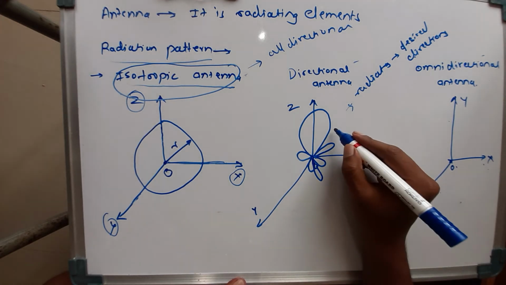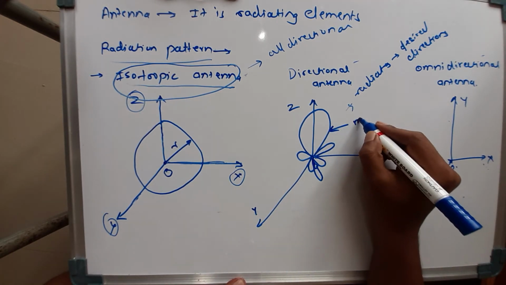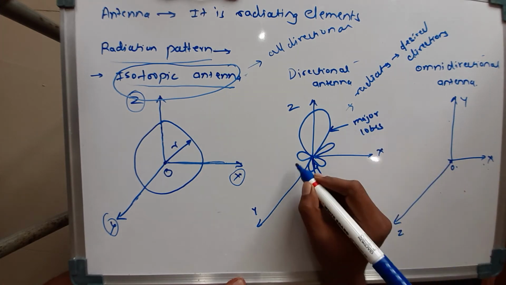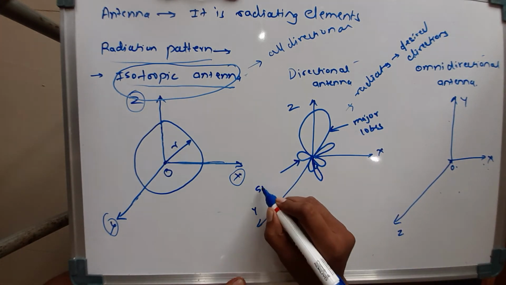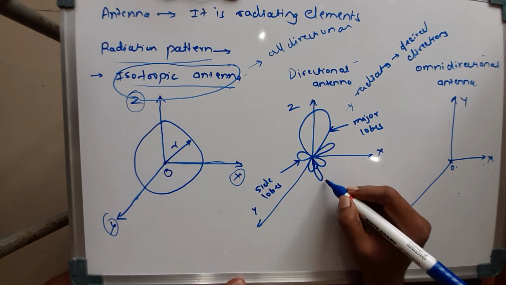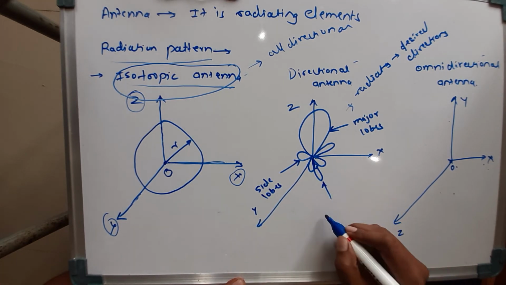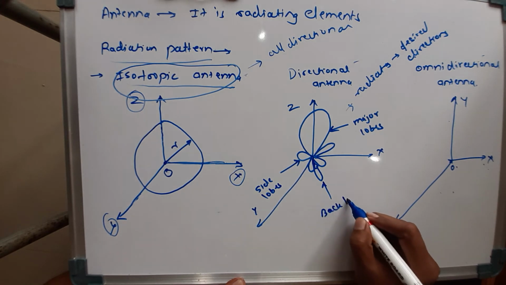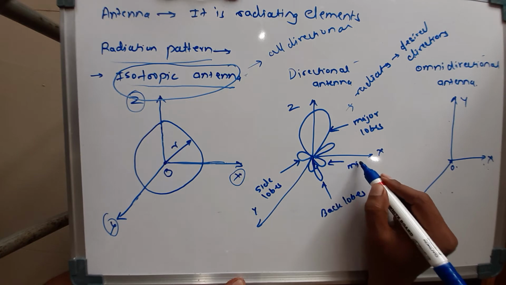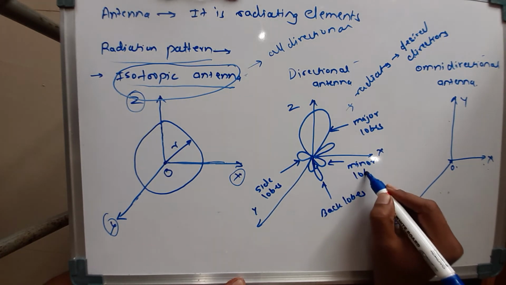So for this one we have the major lobes, these are the side lobes, these are the back lobes, and these are the minor lobes.